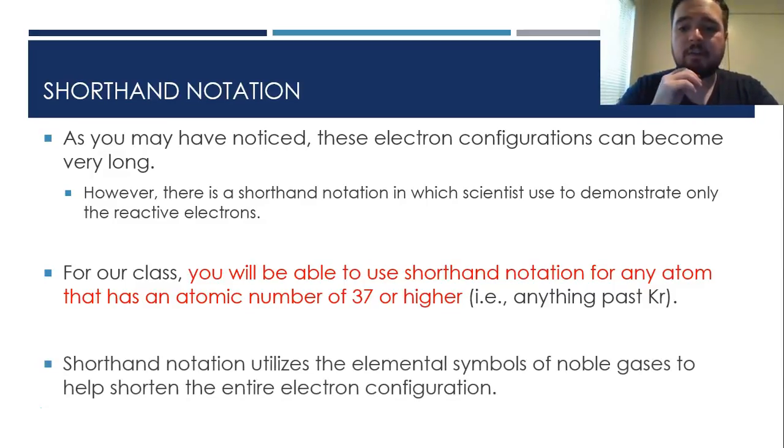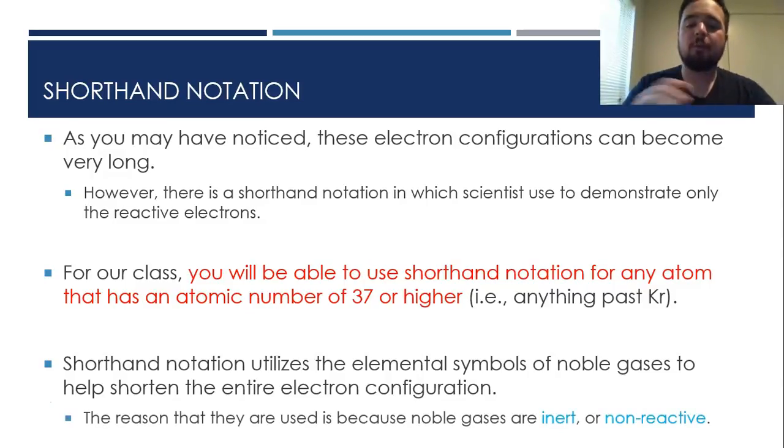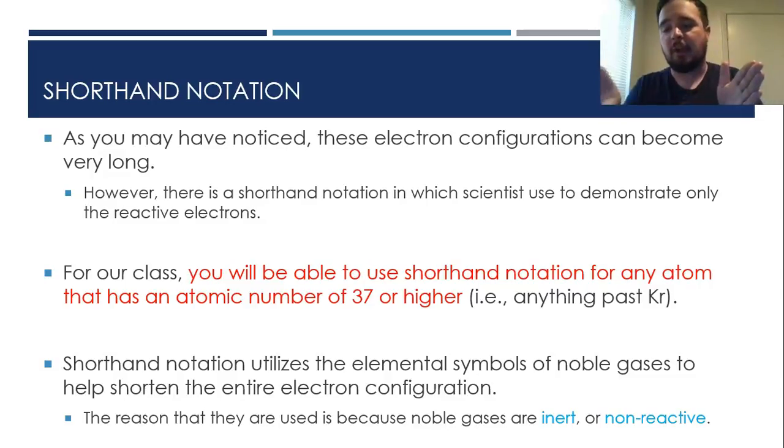Shorthand notation utilizes the elemental symbols of noble gases to shorten the entire electron configuration. The reason is that noble gases are what are called inert or non-reactive. So we insert the symbol of a noble gas that fills in the electron configuration for the noble gas, which says that those electrons don't matter in regards to chemical reactivity, and then it follows with the reactive electrons after.